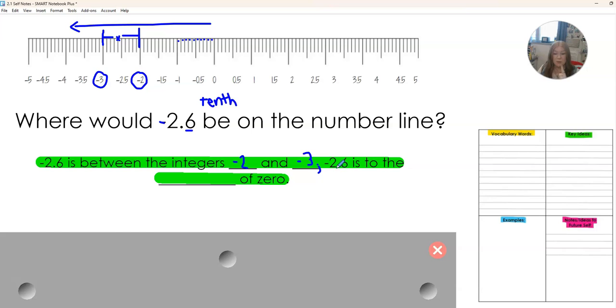So we know where it was, and we know it's to the blank of 0. So we were here at 0, and we know we had to go to the left because it's negative to get to that number there. So we know it's to the left, and we know it's between negative 2 and negative 3. So that gives me a good idea of where I should put negative 2.6. Okay, get that listed in your key ideas to help you remember, right? I need to look at the positive or the negative, and I need to think about the integers that it needs to be between.